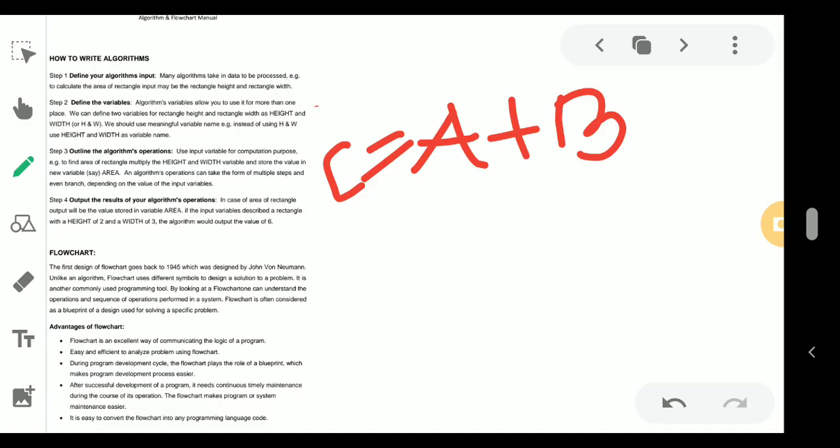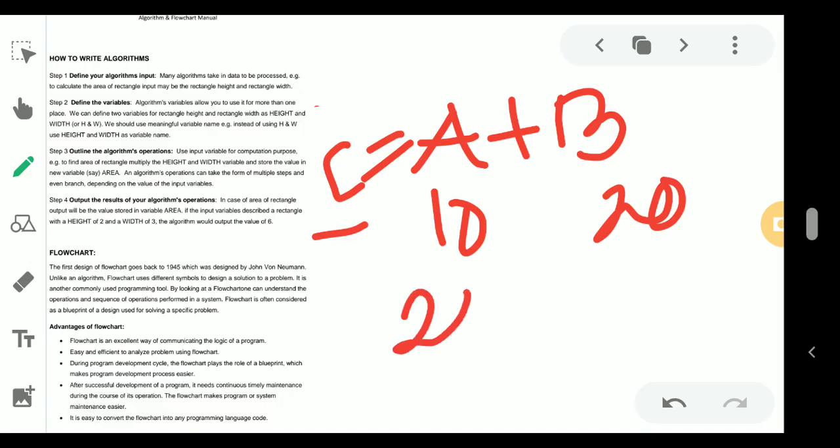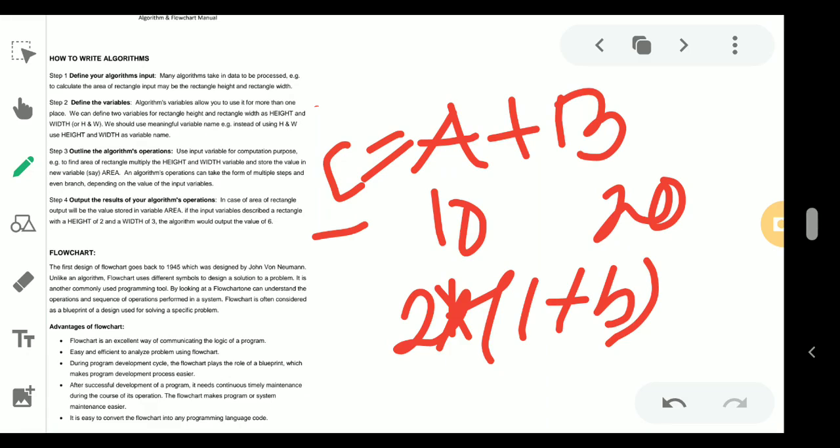A possesses 10 and B was 20. If you add, then we will store the value in C. So we have to do this computation part. Or suppose perimeter or any formula, 2 into L plus B. This kind of computation and evaluation of operations we have to give in the third part.